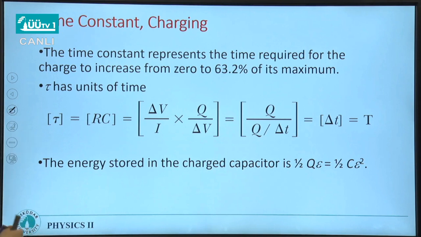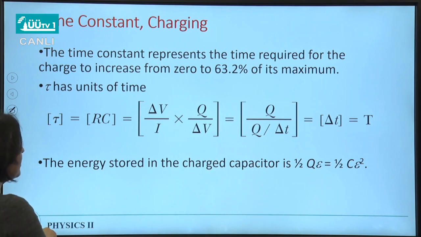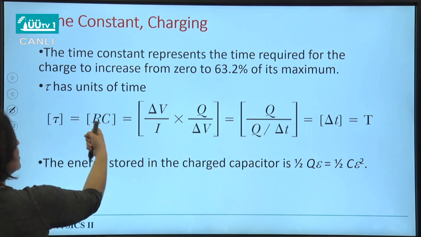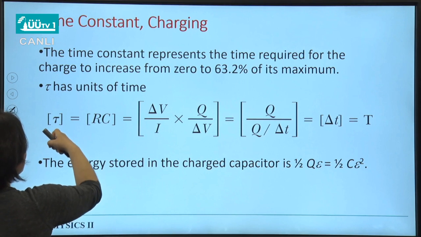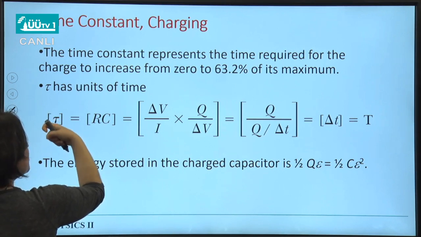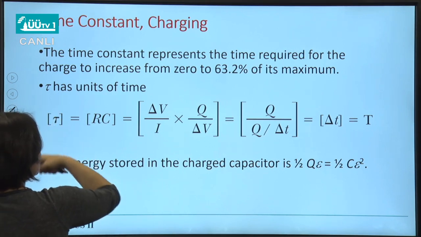Okay, we said that tau is a constant for the time, and let's do a dimensional analysis for this. Tau equals R times C, which is a real quantity with a real unit, a unit of time.